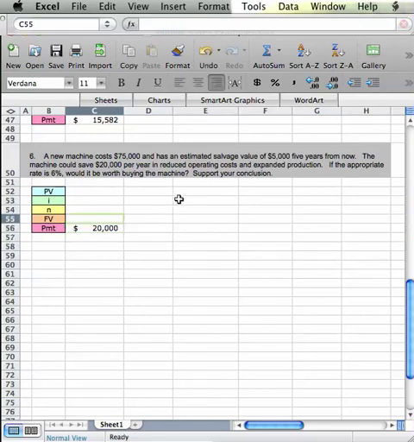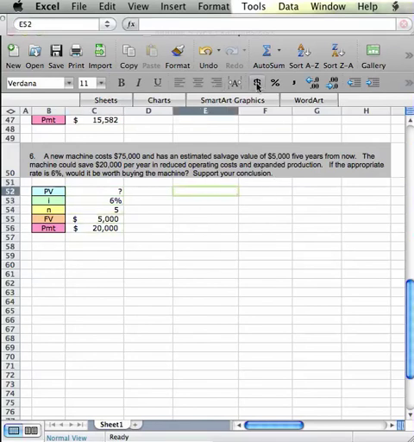We know that in 5 years, we're going to get a future value of $5,000. We also know it's going to be 5 years' time before either of these cash flows occurs. The $20,000 though, because it's a payment, will occur every year over 5 years. And our interest rate is 6%. What we want to know is the present value of those cash flow streams.